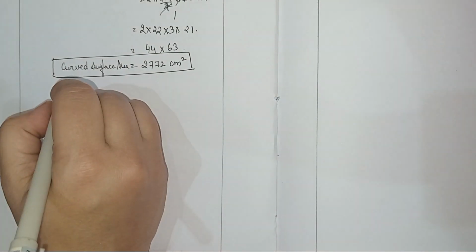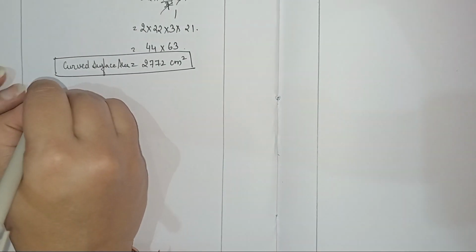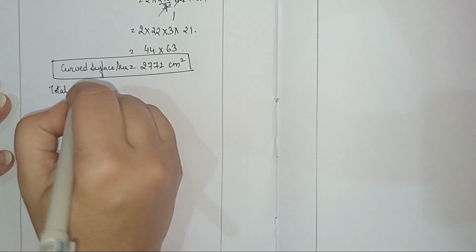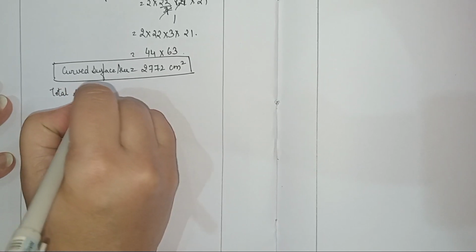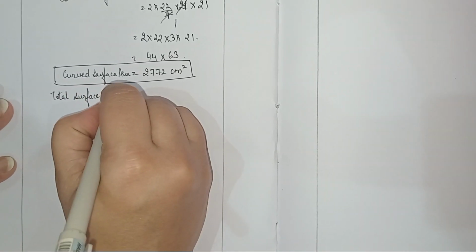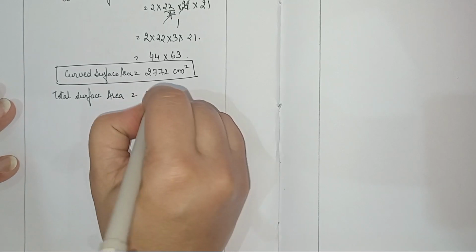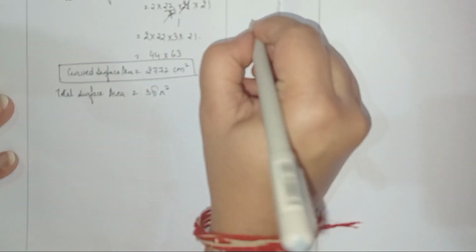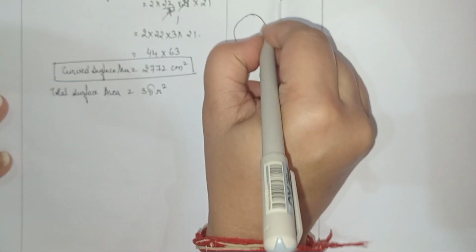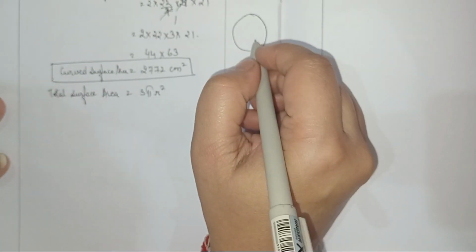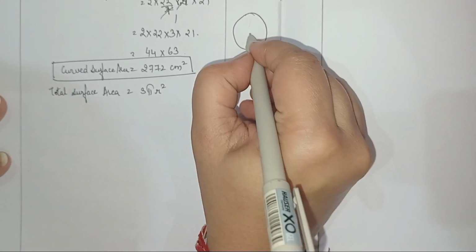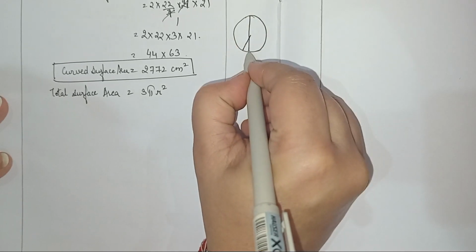We asked you first part. The second is the total surface area. See why we take, it's a sphere, right? It's a three-dimensional figure again. Okay, when you rotate it around the axis, that is this part.